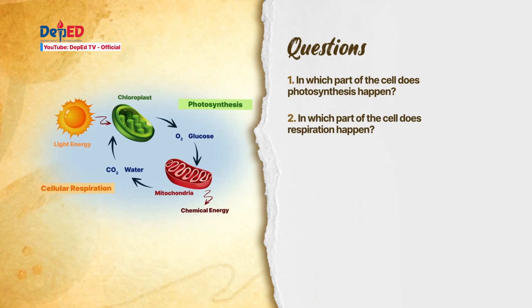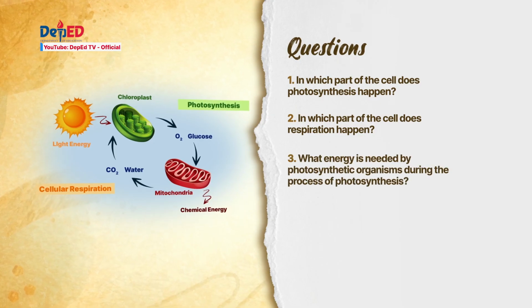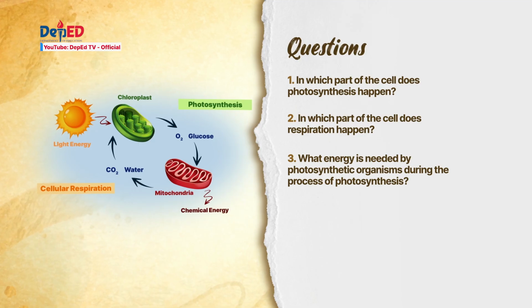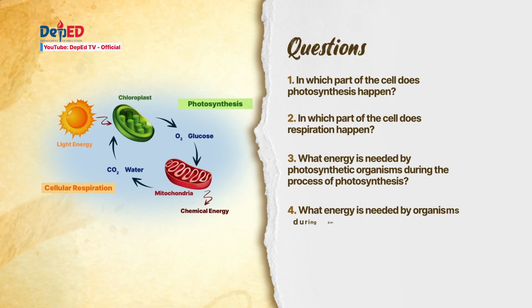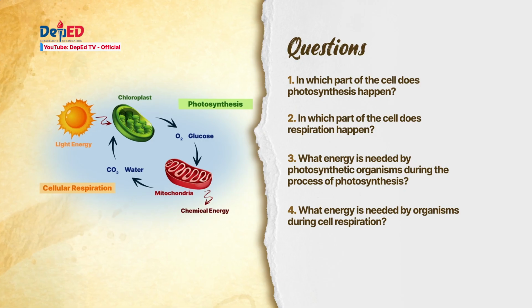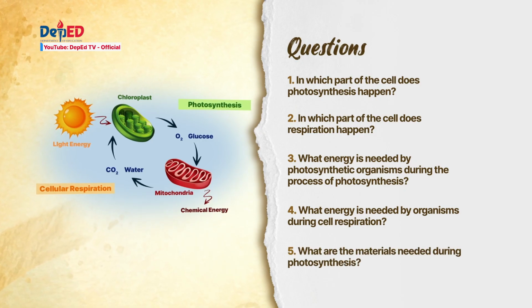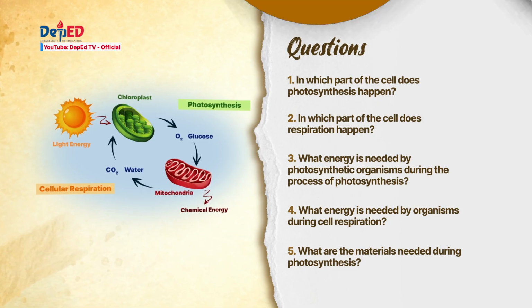In which part of the cell does respiration happen? Question number 3. What energy is needed by the photosynthetic organisms during the process of photosynthesis? Number 4. What energy is needed by organisms during cell respiration? And number 5. What are the materials needed during photosynthesis?